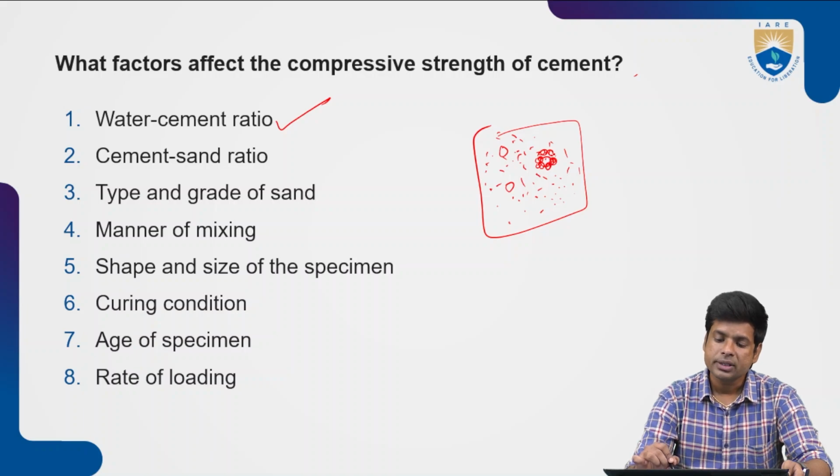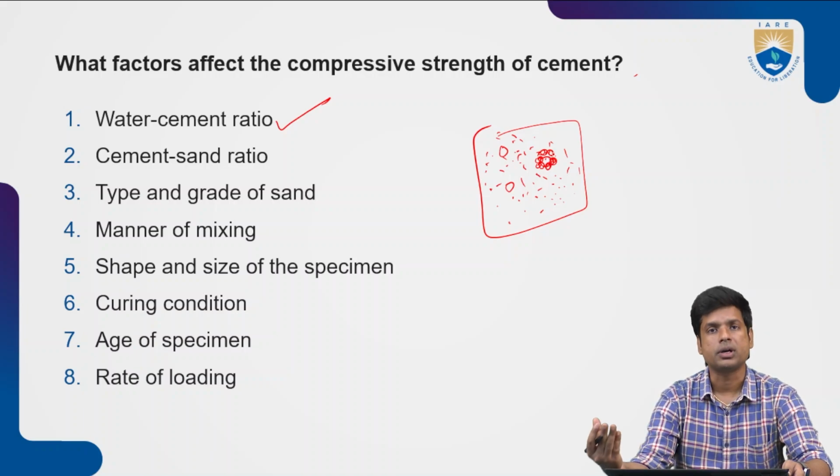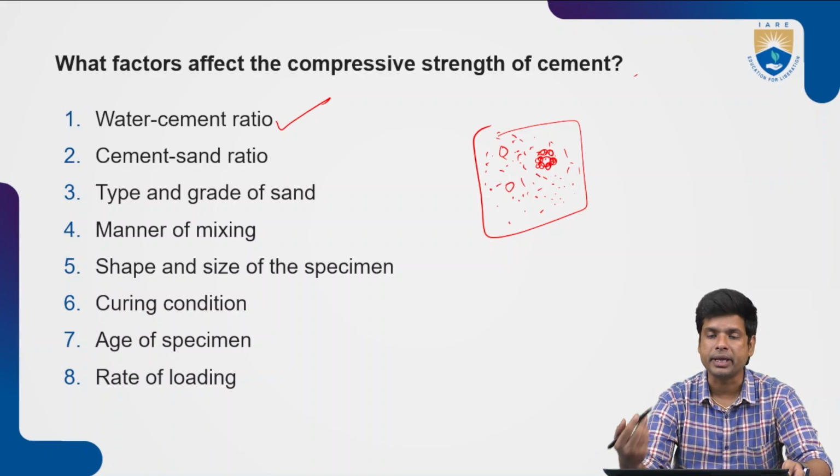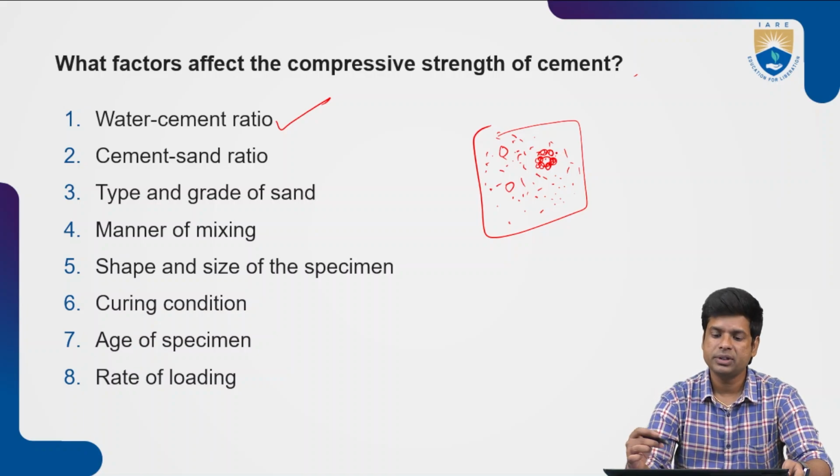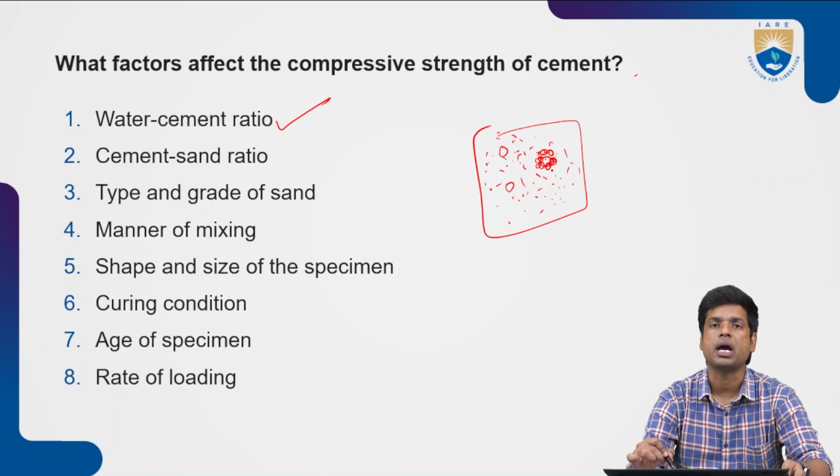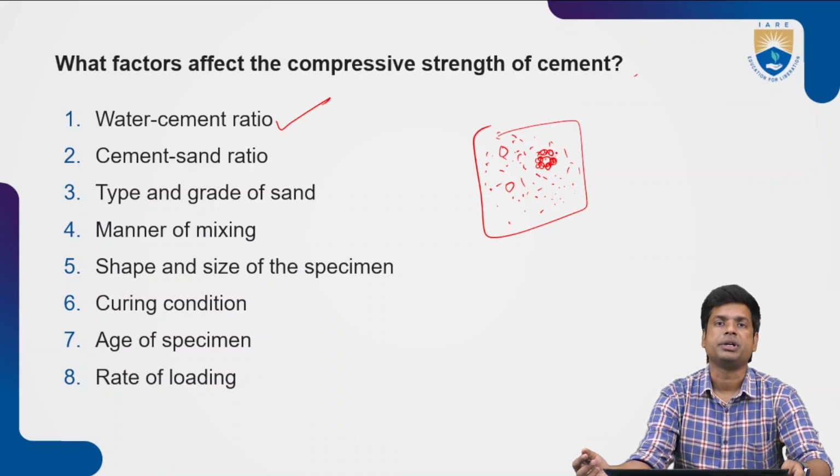So this is one of the problems if you have more moisture content. This is not the only mechanism, but one of the factors that will be happening in the cement. So we have to take care about the water cement ratio also.